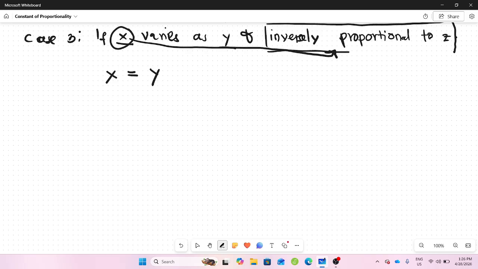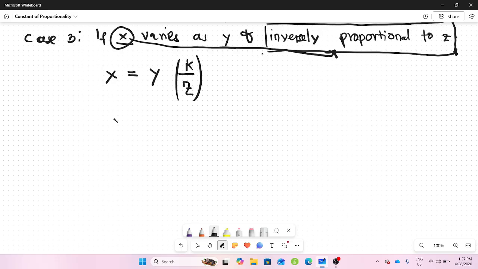Okay, so it means that x is also inversely proportional to z. My bad. Inversely proportional to z. So that's our k here.